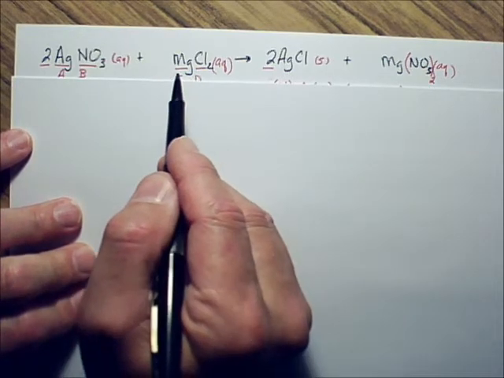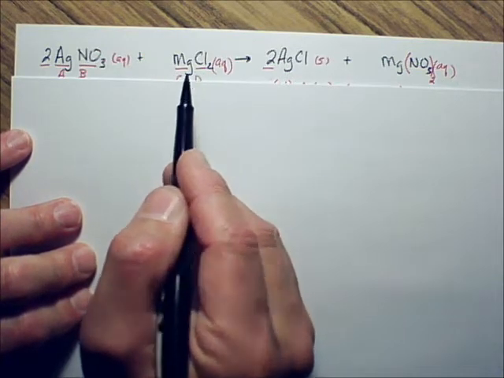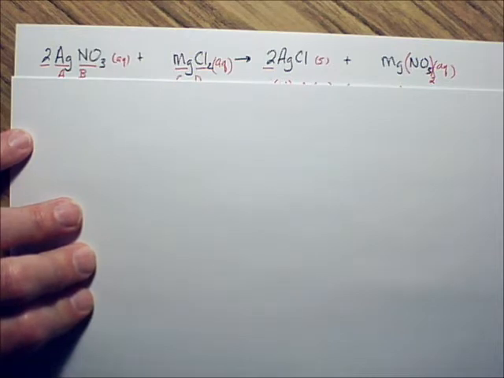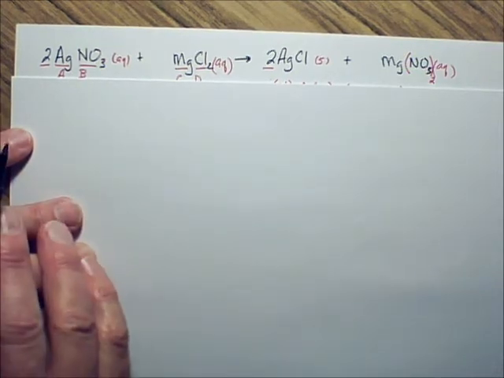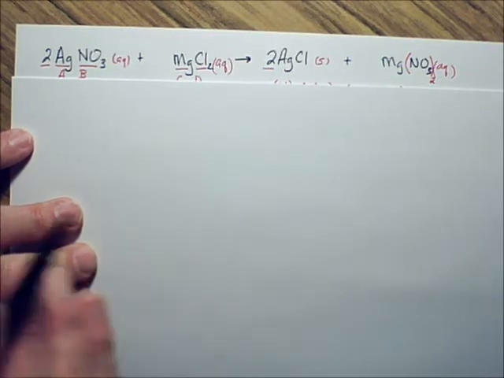If it contains a combination of metal and nonmetal, that's ionic. If it contains a polyatomic ion, that's ionic. If it doesn't meet one of those categories, it's not ionic for this class.